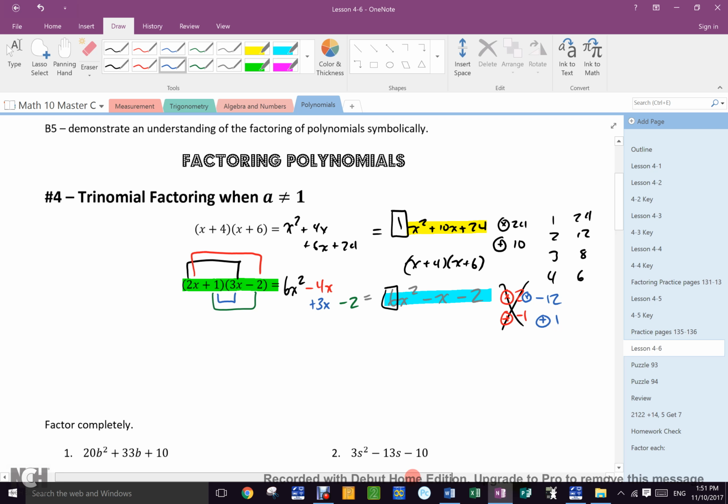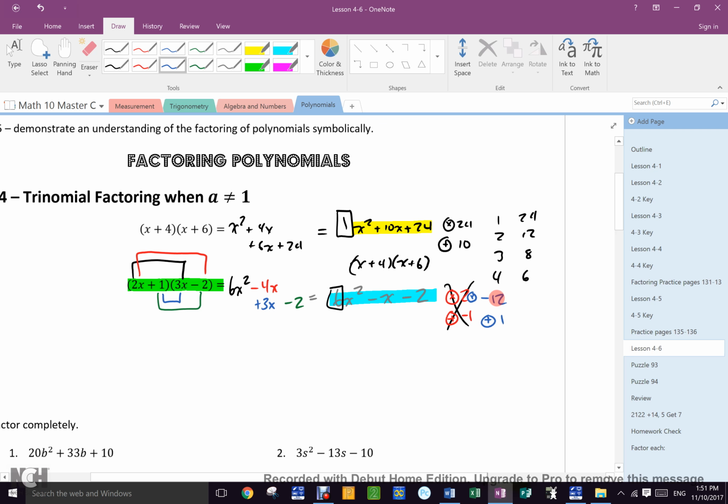So now, what are the factors of 12 that add to 1? Is it 1 and 12? No. Is it 2 and 6? No. Is it 3 and 4? Yes. How do I get to negative 1? 3 minus 4, yes?